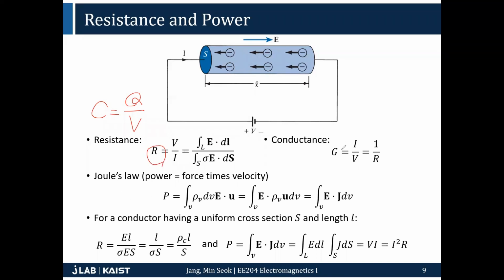Conductance is the ratio between I and V. When we apply some potential at two ends of one conductor, how much current would flow?